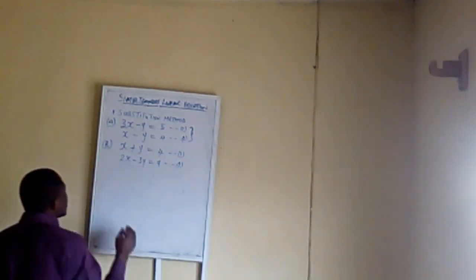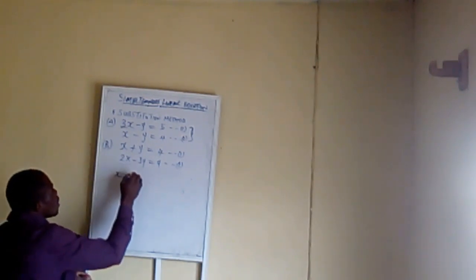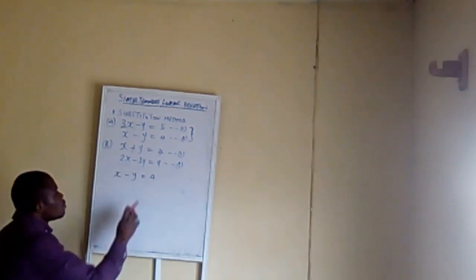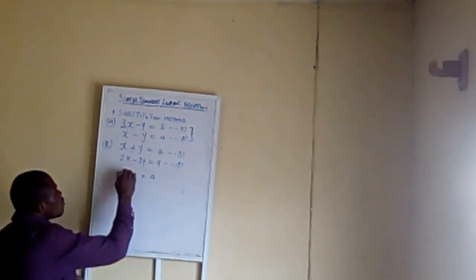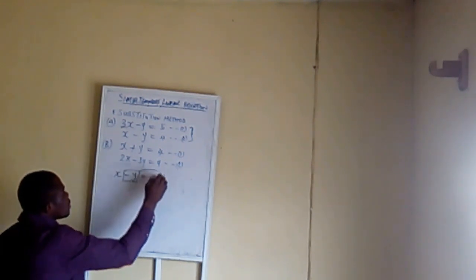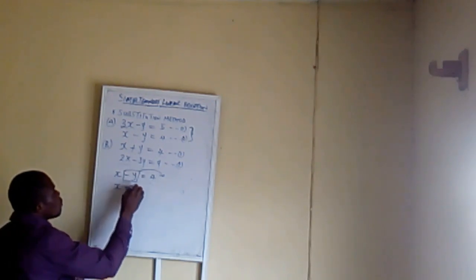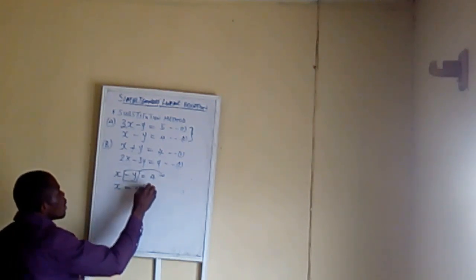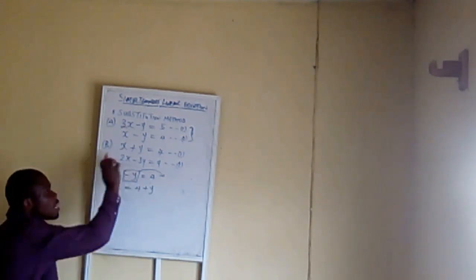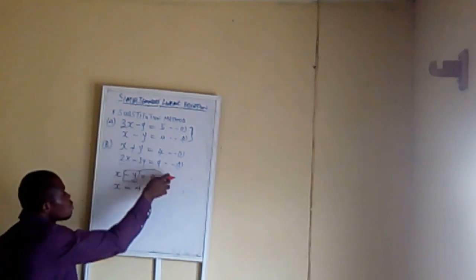So we take the whole of minus y to the right hand side. So it will be x equals 4 plus y. When we take minus y to the right hand side, the sign changes from minus to plus.